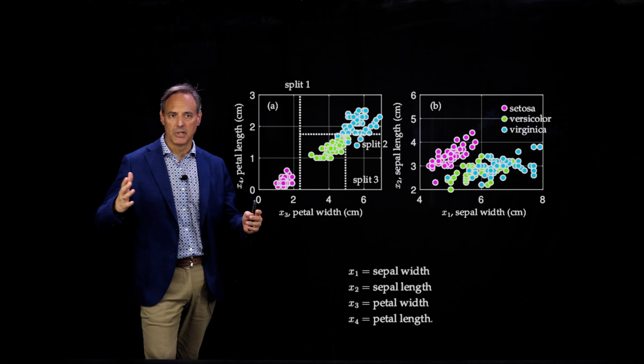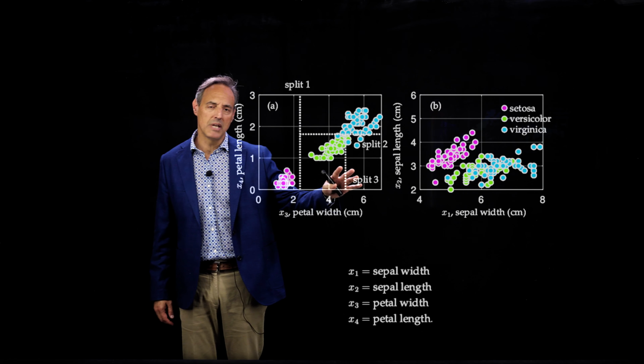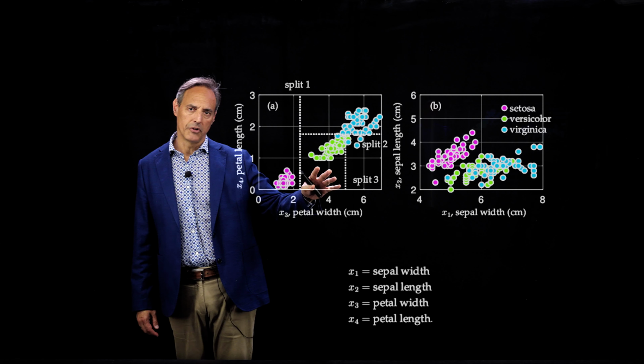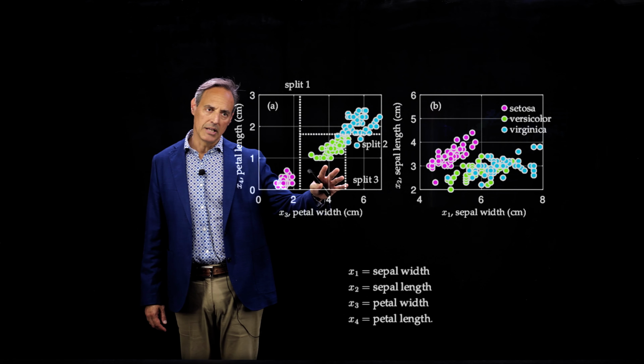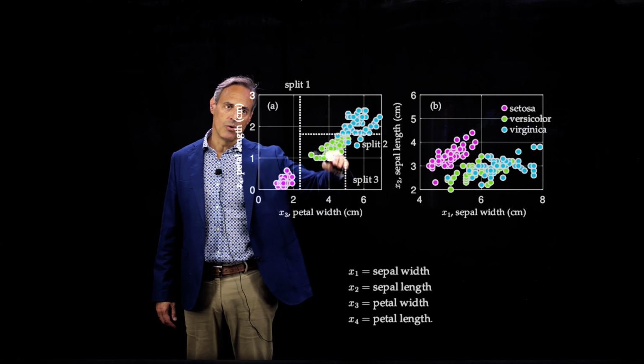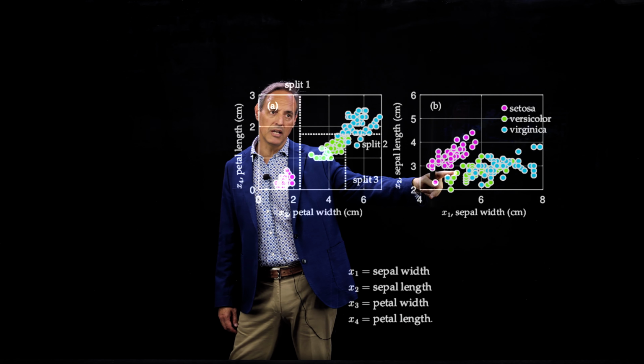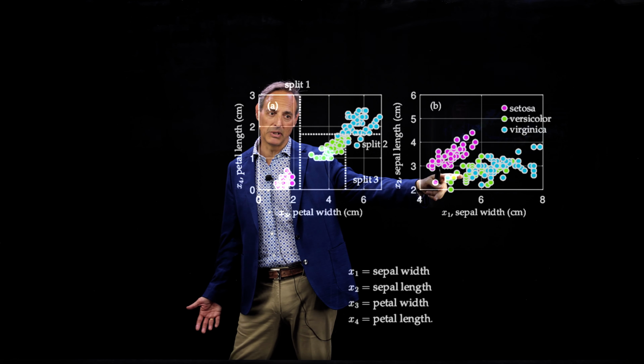It's a perfect split, so I'm done with this region. But over here, I have these 2 data sets I'm trying to split out, the green and the blue. I can split along this direction or this direction, or I could split along x3 and x4. But if I'm trying to split the blue and the green in x3 and x4, they're just overlapping each other, so it's a bad split.